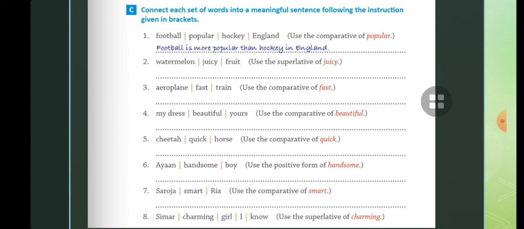Some instructions are given in the brackets and you have to make a correct, meaningful sentence. Like football, popular, hockey, England. Here use the comparative of popular. You know that the comparative of popular is more popular. So you will write football is more popular than hockey in England.